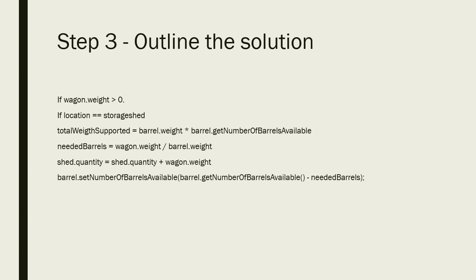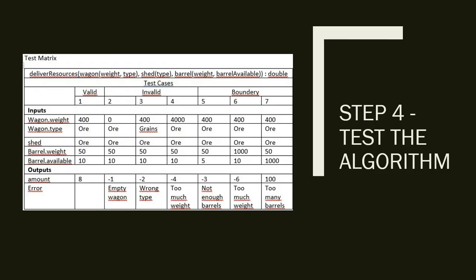We're going to add it to itself with the wagon weight. Right after that, we're going to set the number of barrels available, and we're going to subtract from the number of barrels available in the barrel object the number of barrels needed to do the action. So that's our outline solution.